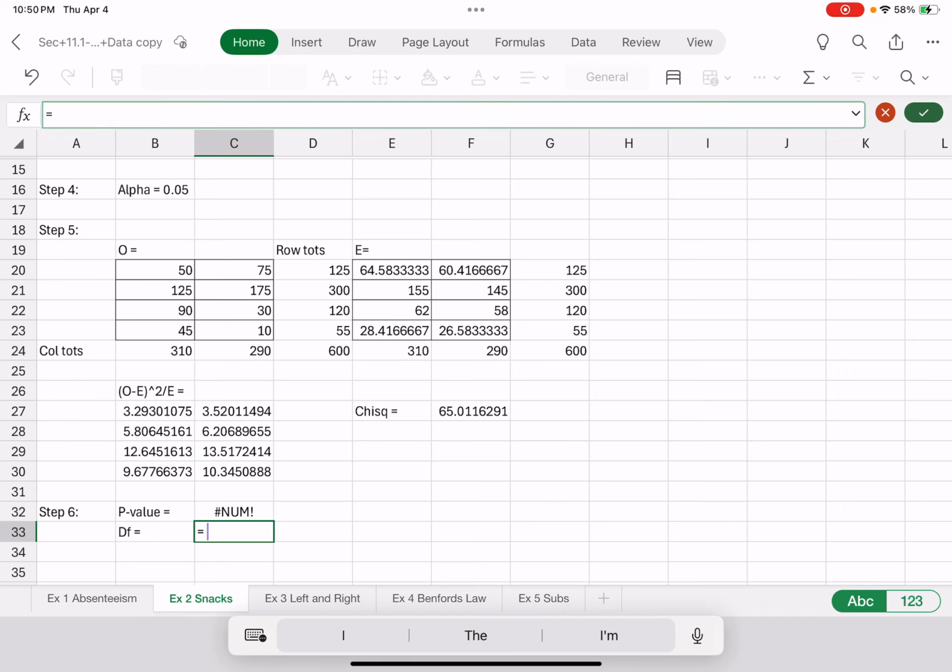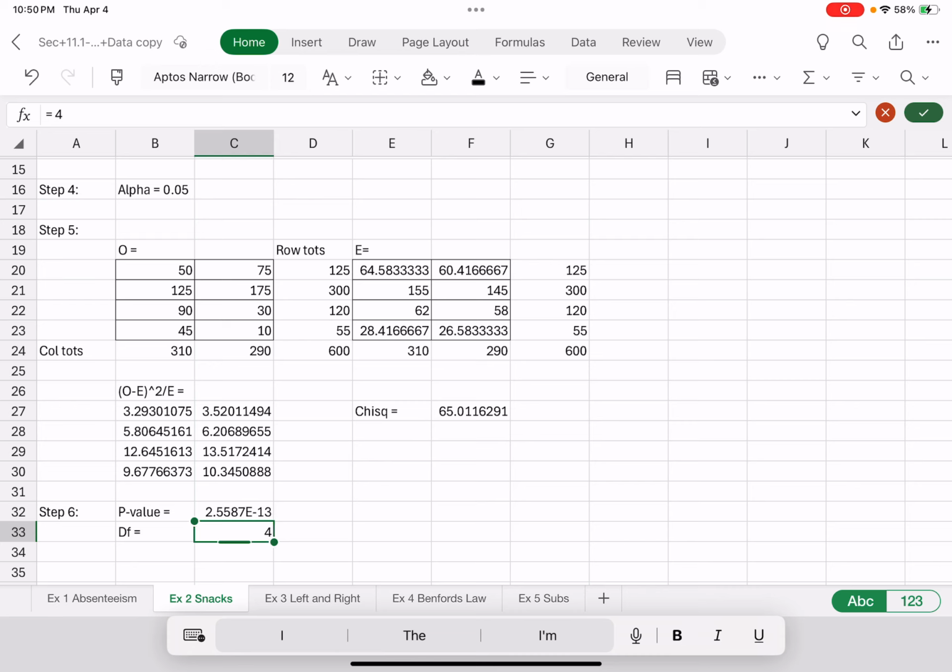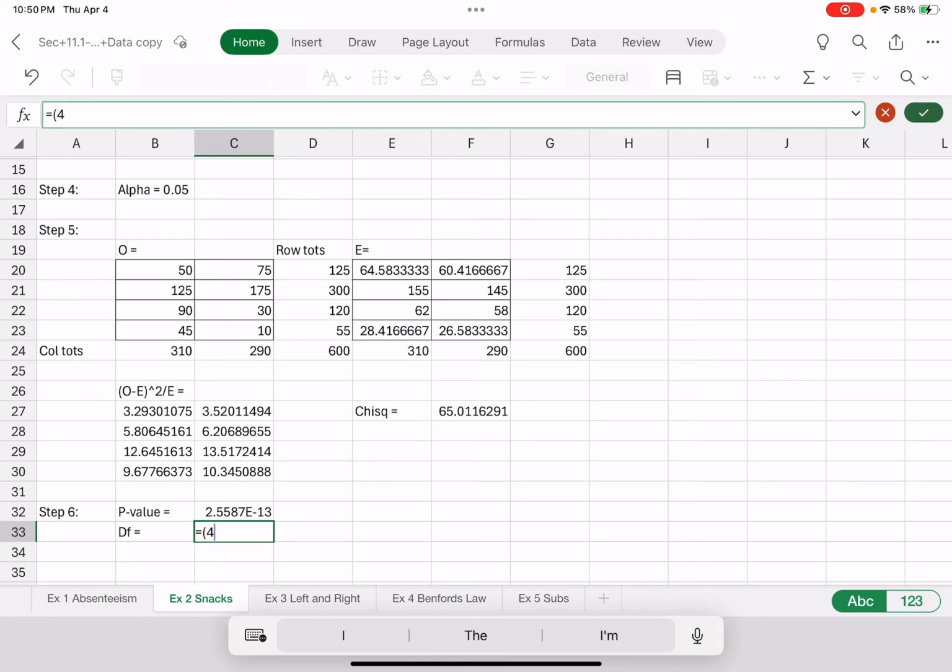the row count, which is 4, the number of rows, equals 4 minus 1 times 2 minus 1.